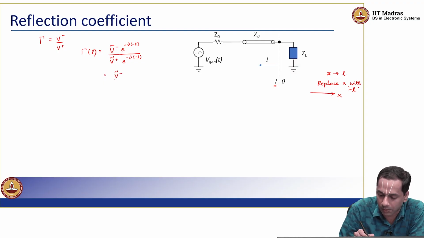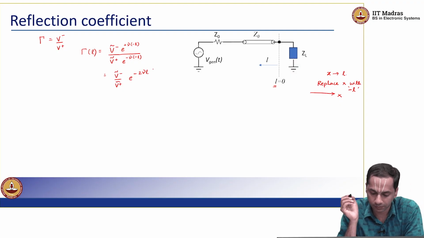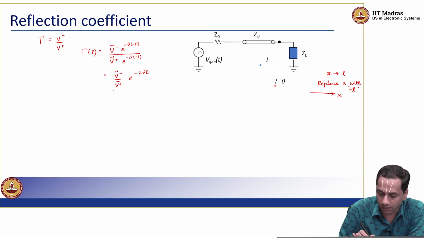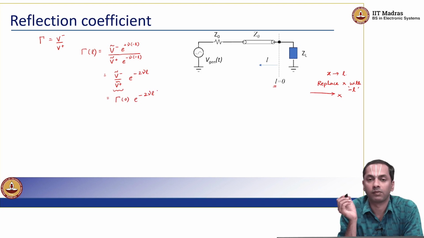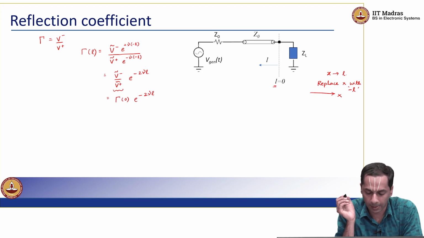I can write this as V minus by V plus e to the minus 2 gamma l, and we'll call this gamma of 0, right? So gamma of 0 is the reflection coefficient at the load, right?